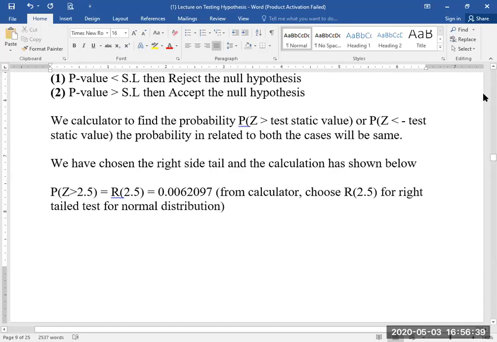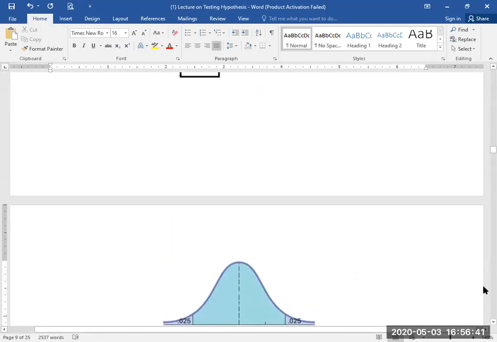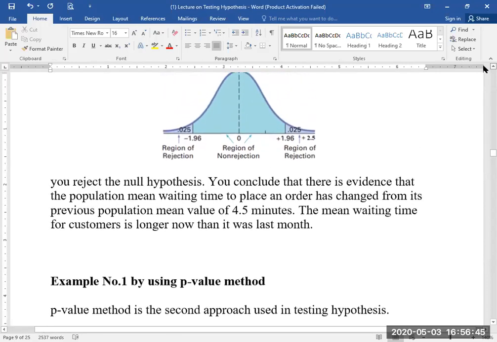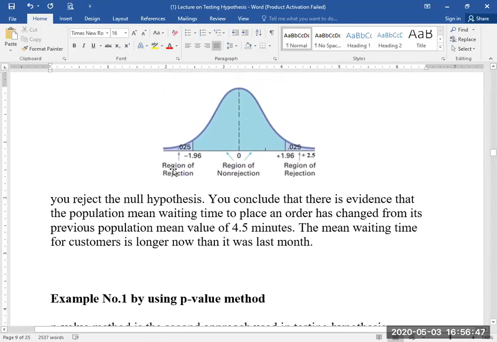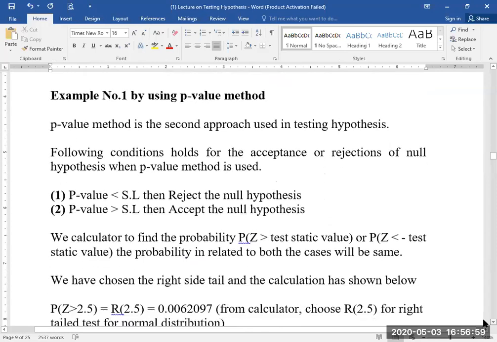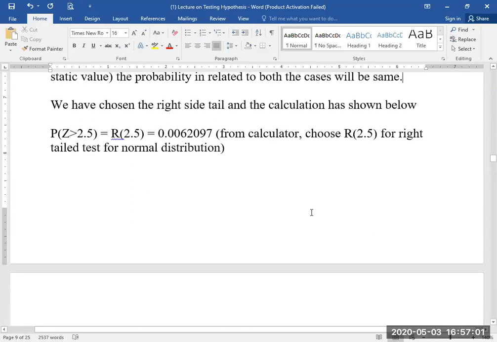We can find the p-value, or the probability, from either region, from the right side or from the left side. If we find it from the right side, I will calculate from the calculator using the right side option.